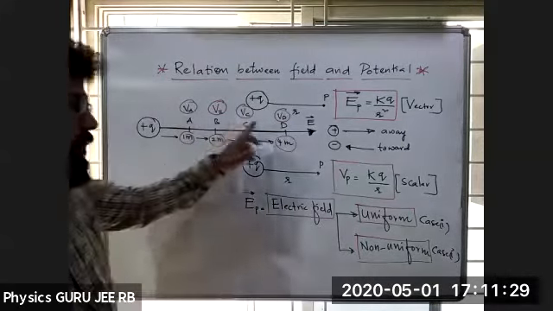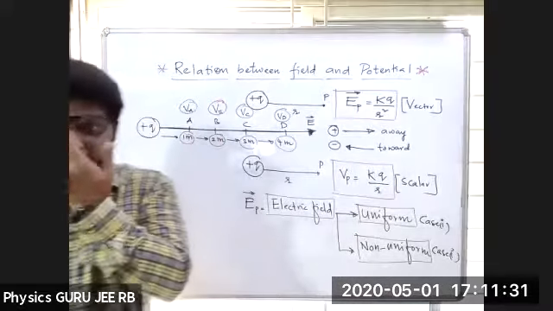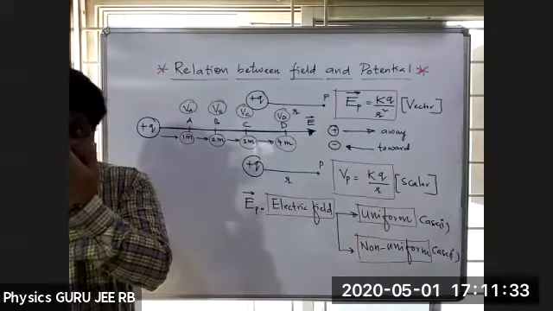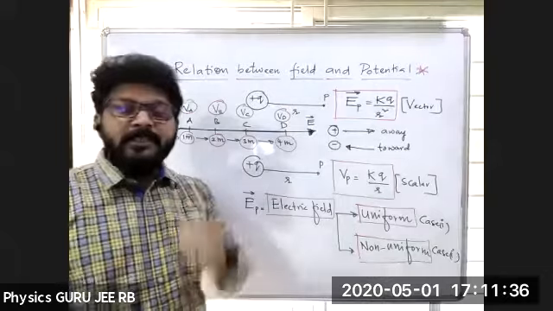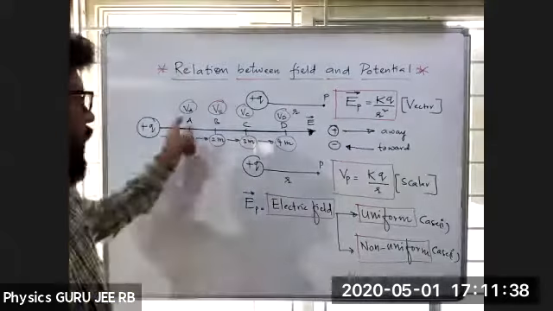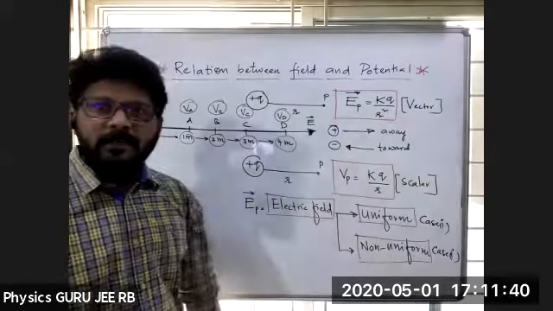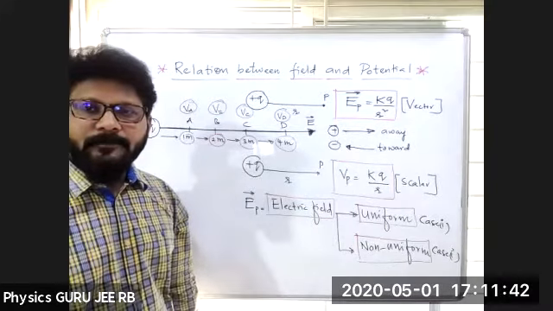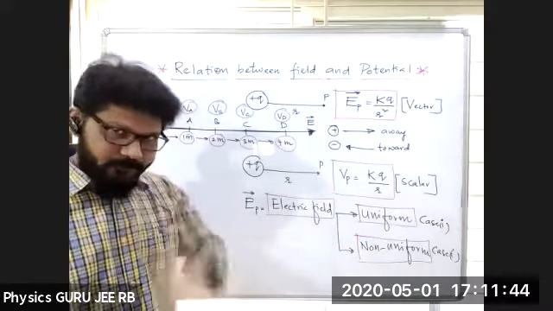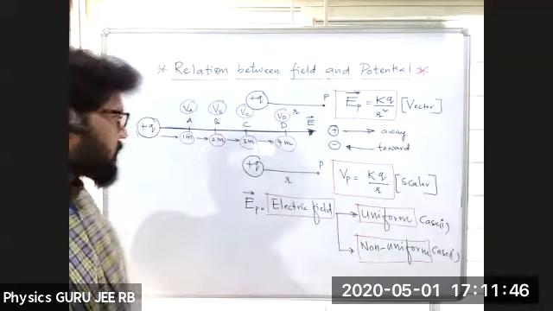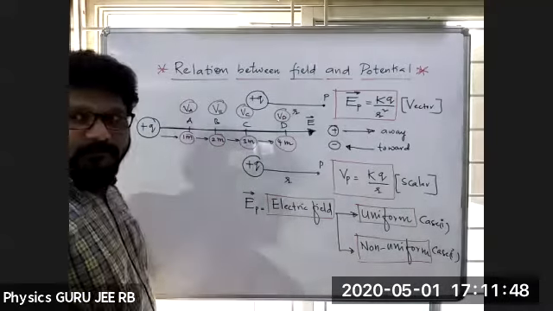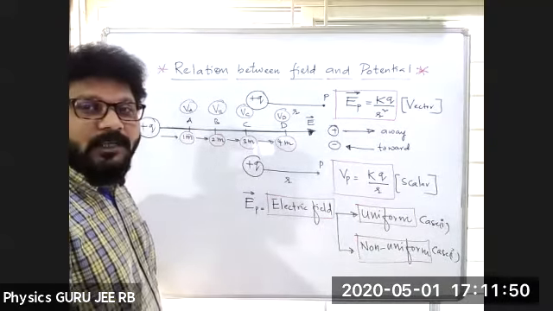VA, VB, VC, VD. समझ रहे ना? Which is greater? 1, 2, 3, 4 में which is greater? कोई बोल सकते क्या? Which is greater? First one is greater or last one is greater? Which is greater? First one is greater.